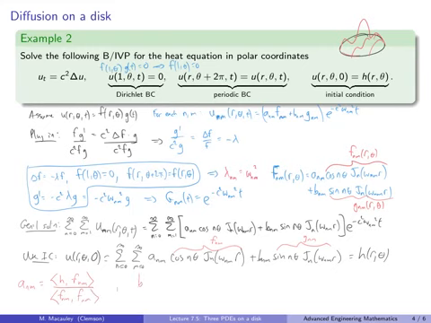And we know that B_nm, this coefficient, is just the projection of this onto that corresponding term, g_nm. So B_nm is equal to the inner product of h with g_nm over the inner product of g_nm with g_nm.